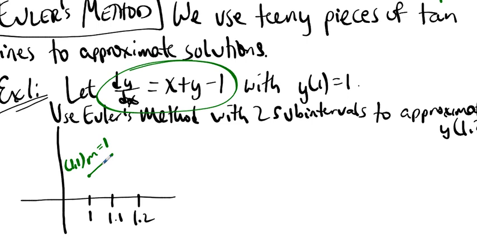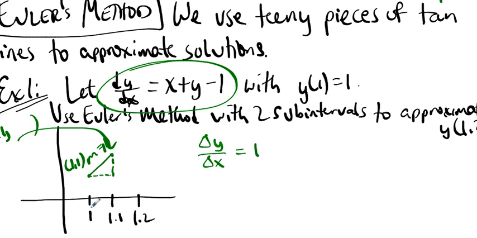So the question is, what is the y value at this point? I mean, we're all pretty sure that this is 1.1 comma something, but what's the something? And the answer comes from a little bit of 9th grade algebra. We know that the change in y over the change in x is the slope.